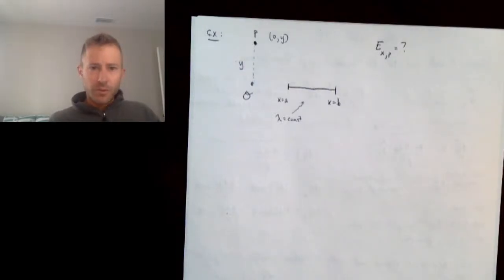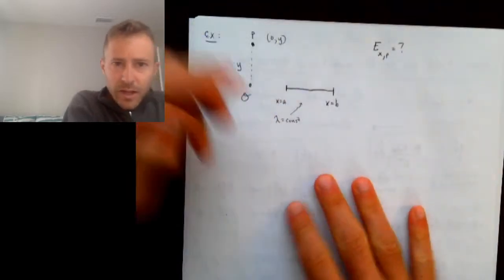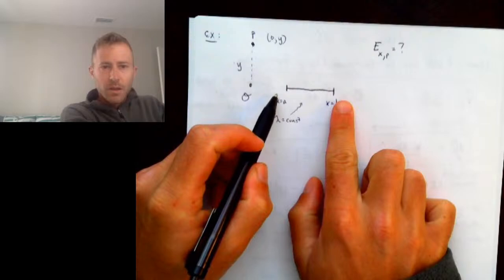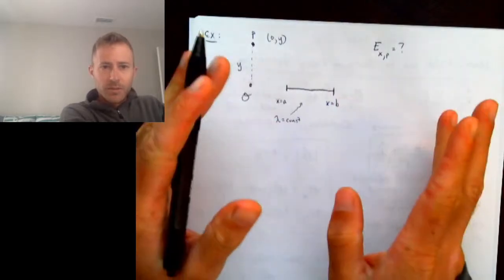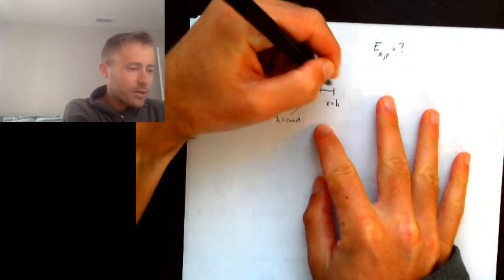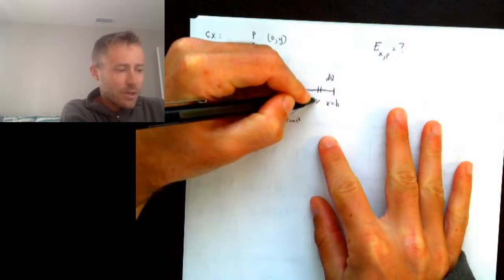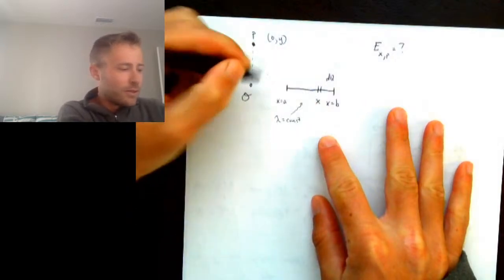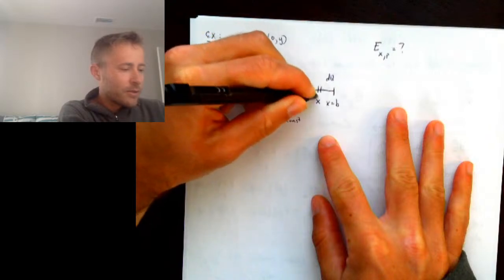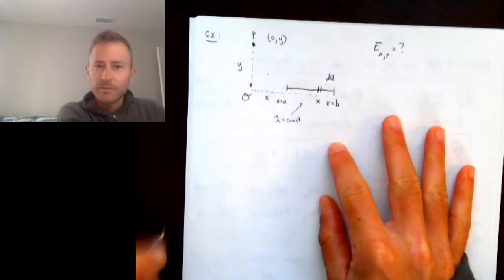So here's the first thing we want to do. We want to just take our system, our line of charge, and look at a piece of it, an infinitesimal piece of it with charge dq. And this infinitesimal piece is at location x, meaning that the distance from the origin to that infinitesimal piece of charge is x.